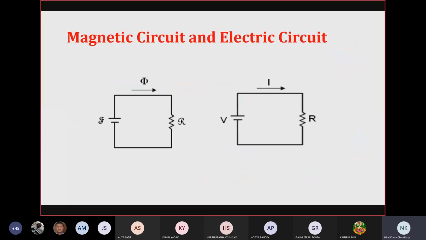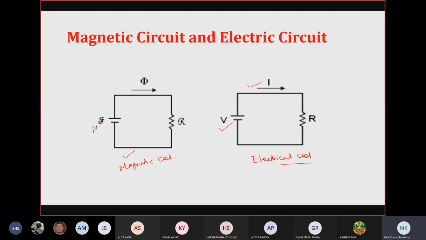So in this way you can see the analogous nature of electrical and magnetic circuits. This one is your magnetic circuit, and this one is your electrical circuit. We have discussed that EMF should be there in order to flow the current through the electrical circuit.